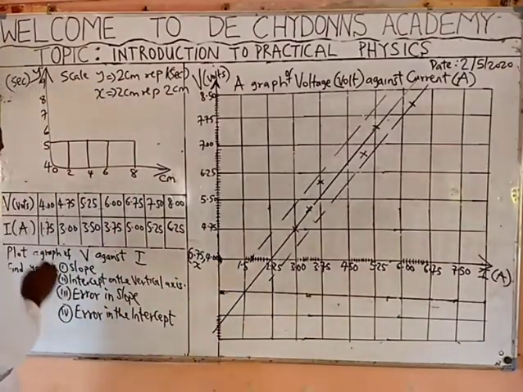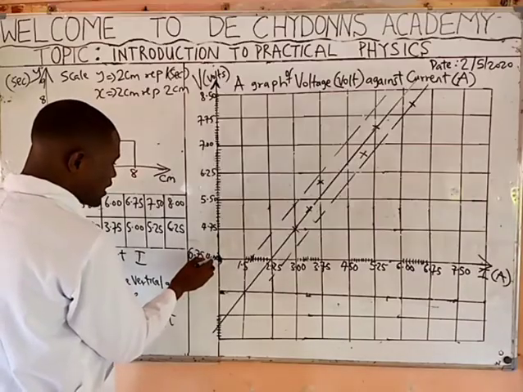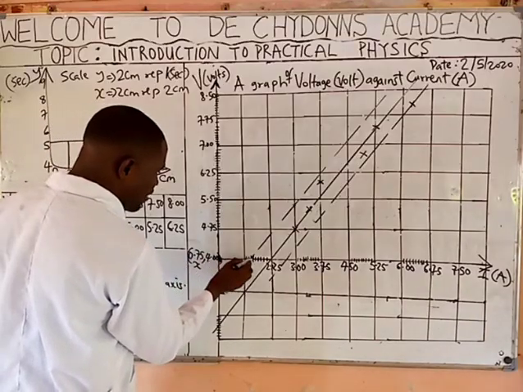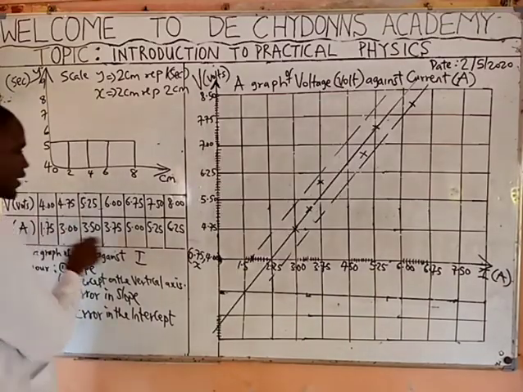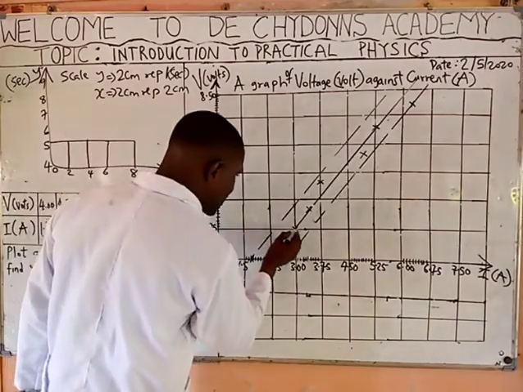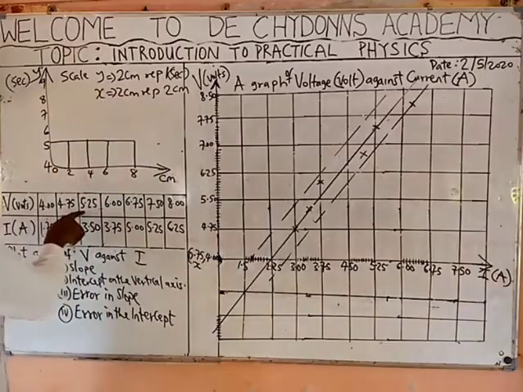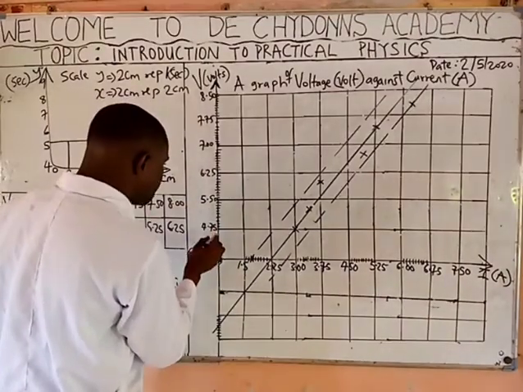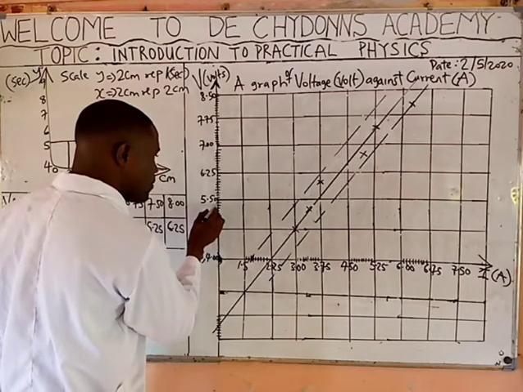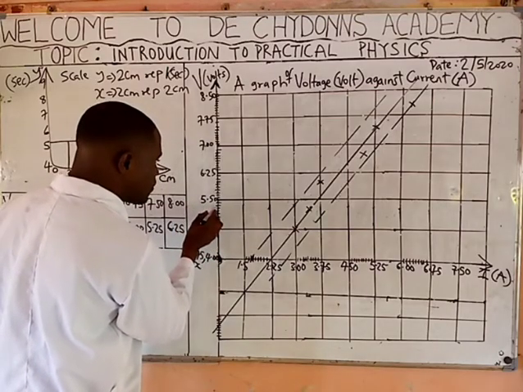4 against 1.75. 4 is located here. I'll move like this. 1.75 is around here. I put my point. 4.75 against 3. I'll put my point. 5.25 against 3.5. 5.25 will be around here because this is 5.5, so it will be around here.